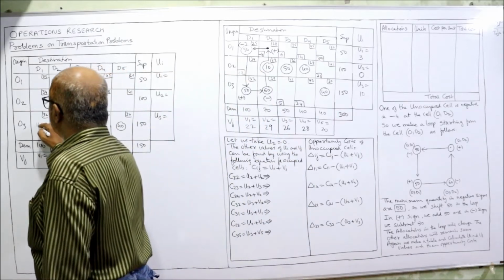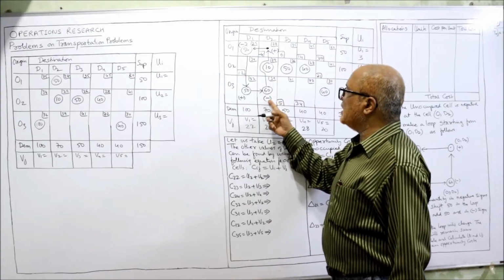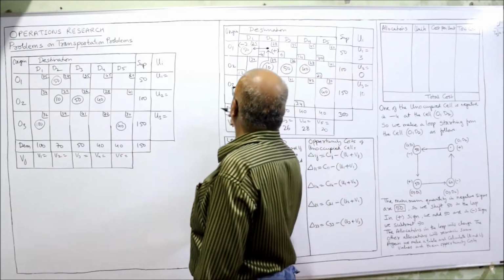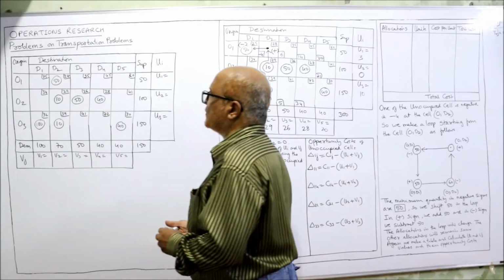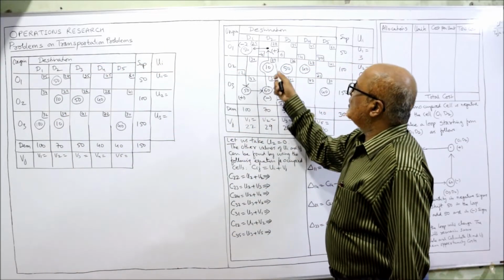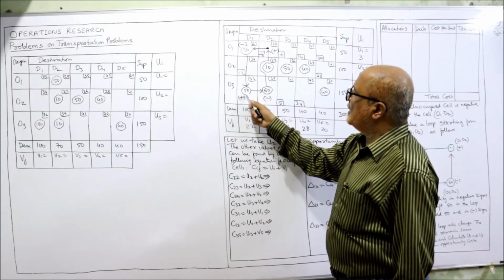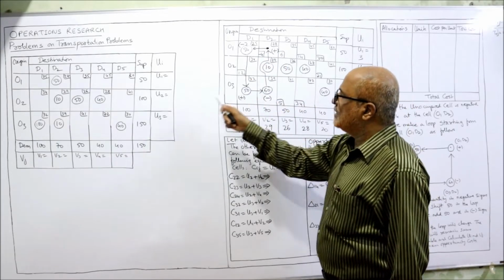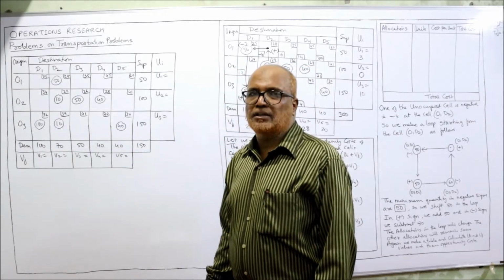So here the allocation is 100, right? Now here 60 minus 50, you will get 10. So 10 allocations here. That's all. So in this loop, I have taken 50 here, then 0, then 50 plus 50, 100, 60 minus 50, 10. These are the changed allocations after making the loop.